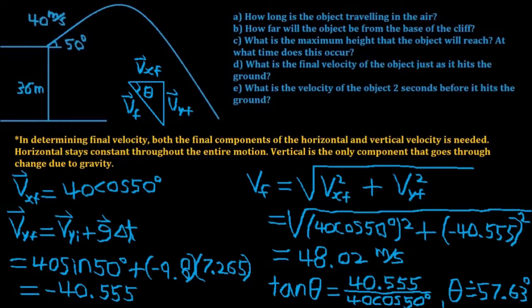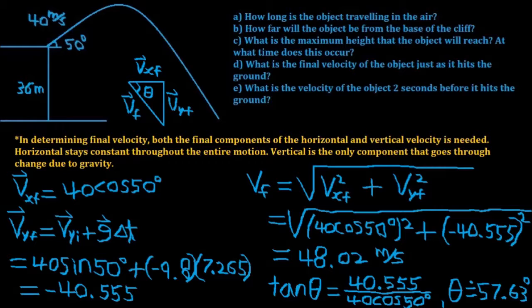Now we have to determine the final velocity. To do that, we need both the horizontal and the vertical velocity. The horizontal velocity stays constant throughout the entire motion. The vertical component, however, changes, mainly due to gravity. So we almost don't have to worry about the horizontal component, but for the vertical, we have to take gravity into consideration.